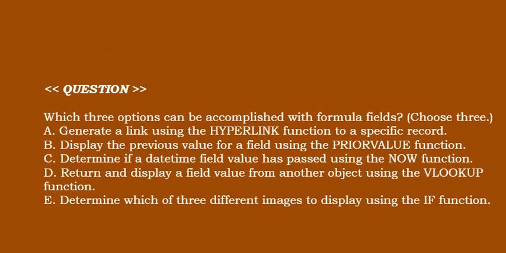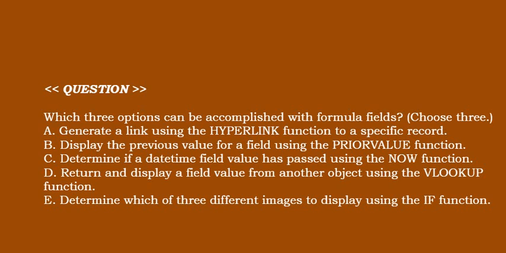Next question is, which three options can be accomplished with a formula field? Choose three options. Option A. Generate a link using the HYPERLINK function to a specific record. Option B. Display the previous value for a field using the PRIORVALUE function. Option C. Determine if a date-time field value has passed using the NOW function.